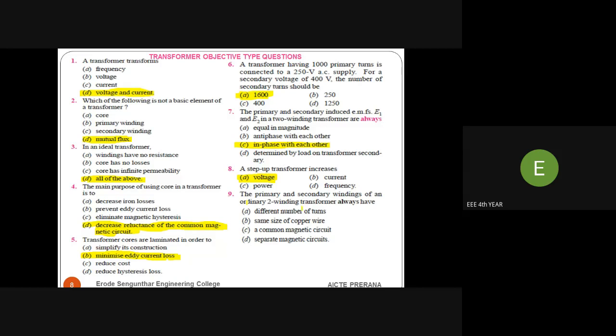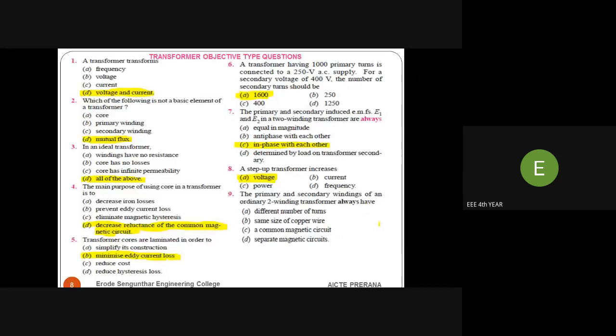Question number 9. The primary and secondary winding of an ordinary two-winding transformer always have: different number of turns, the same size of copper wire, a common magnetic circuit, or separate magnetic circuits.